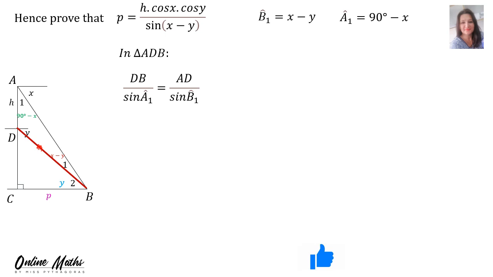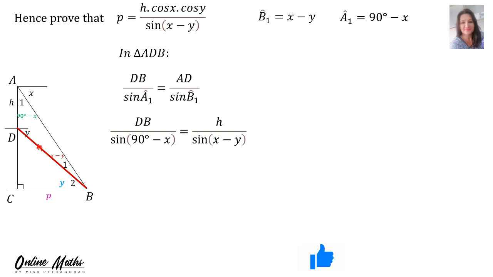Why did I use AD? Because that one contains the h. Then DB over sin A1, which is 90 degrees minus x, is equal to AD, which is h, over sin B1, which is x minus y. We calculated it in the previous slide.